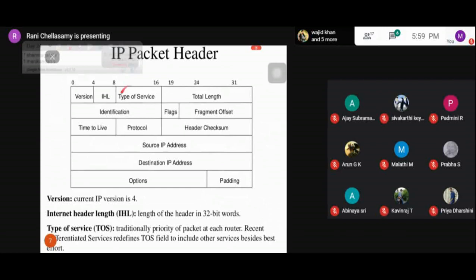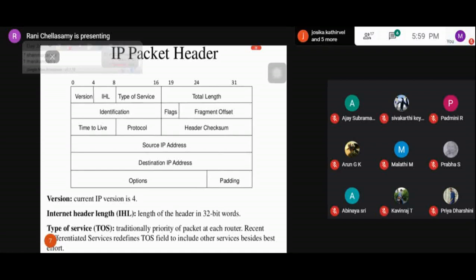Why are we using the type of service field? So the packet can be given priority at the time of transmission from one host to another host, or one device to another device. It can also have differentiated service.